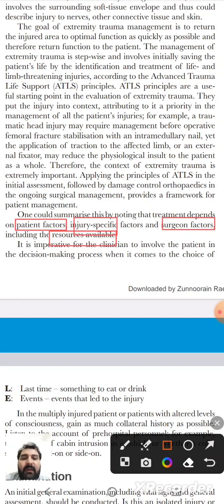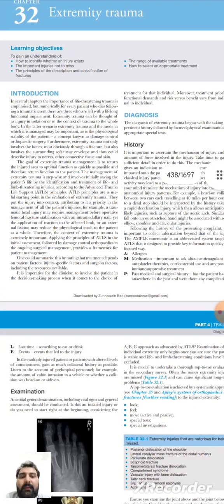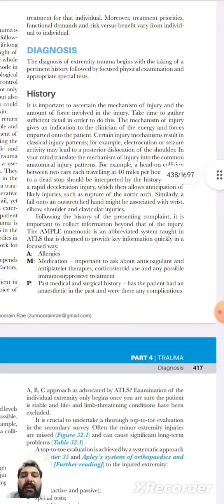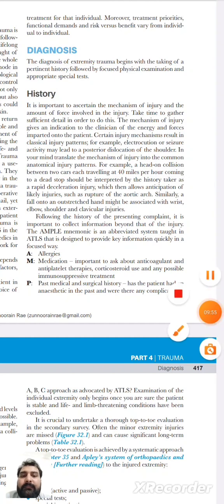It is pertinent for the clinician to involve the patient in the decision-making process when it comes to the treatment for that individual. Moreover, treatment priorities, functional demands, and risk versus benefit vary from individual to individual.